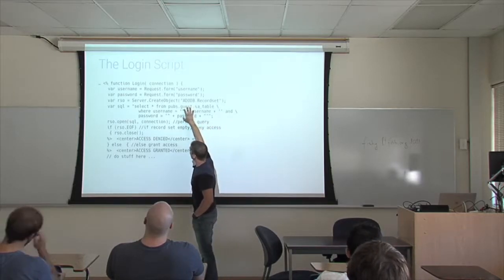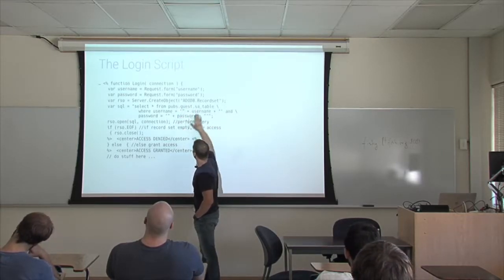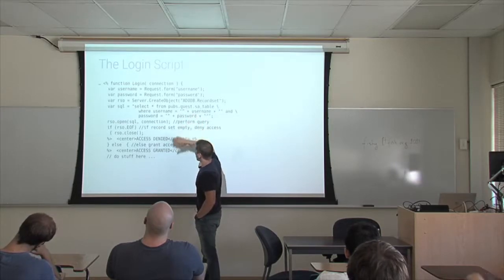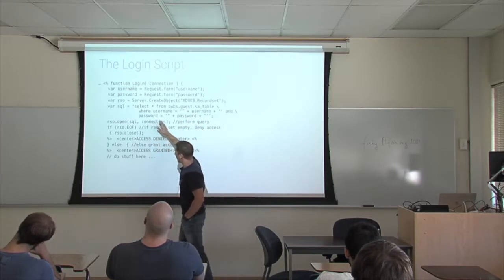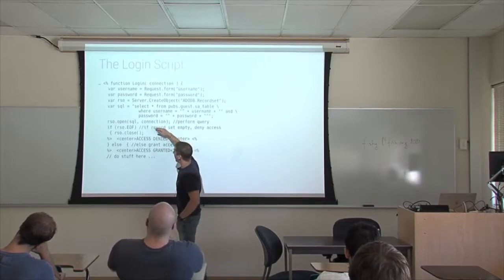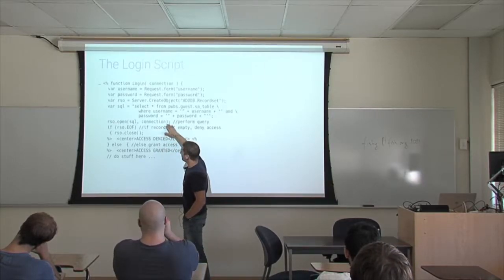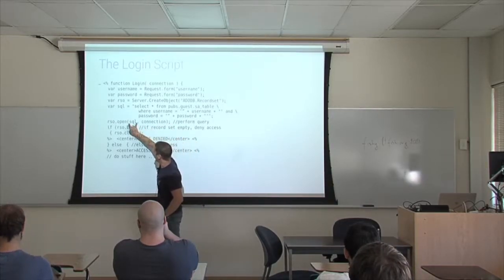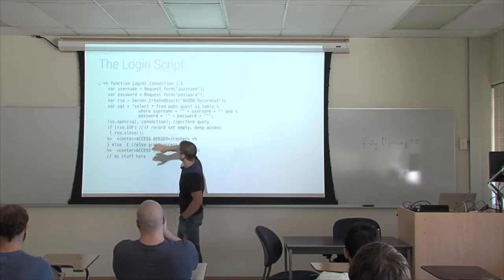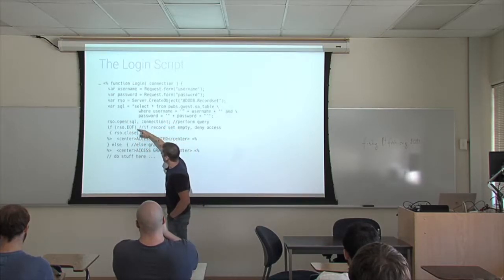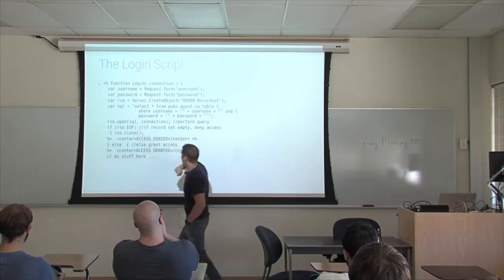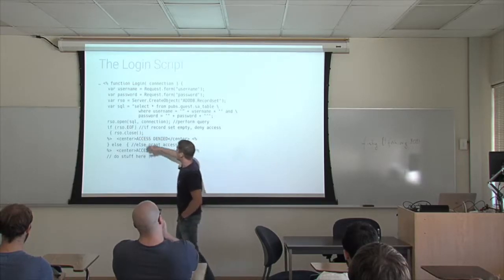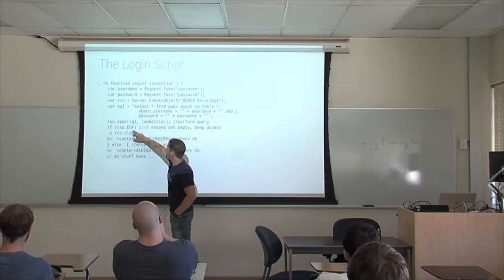Here it creates the query itself, and you can see the username and password are copied verbatim. Then it opens the connection, executes the query using the connection, and checks if there are enough records.